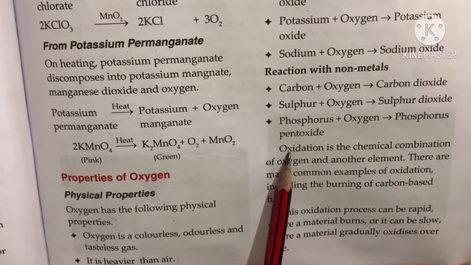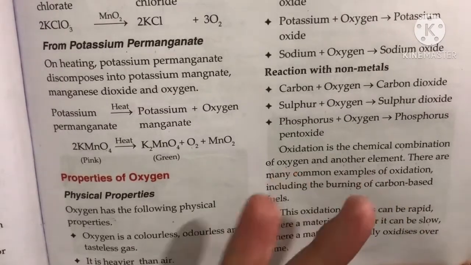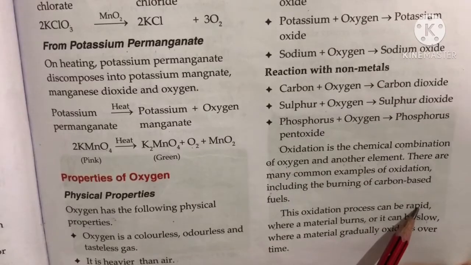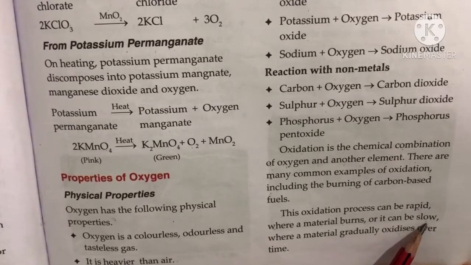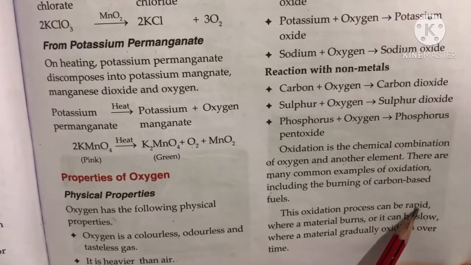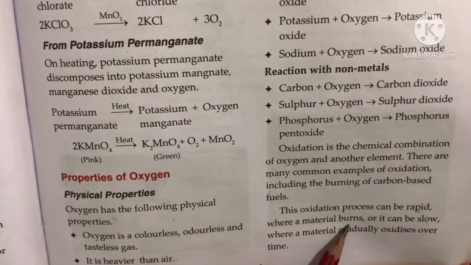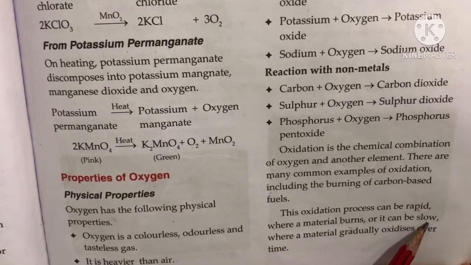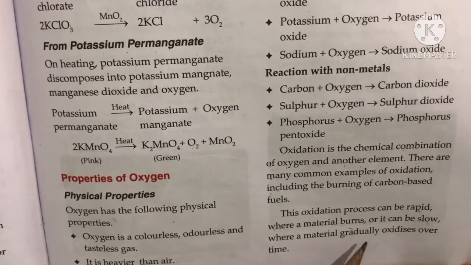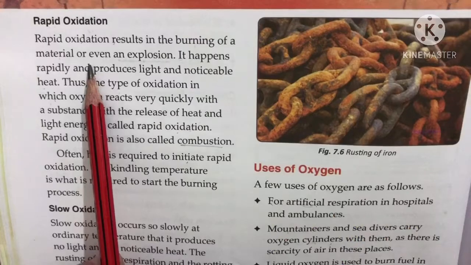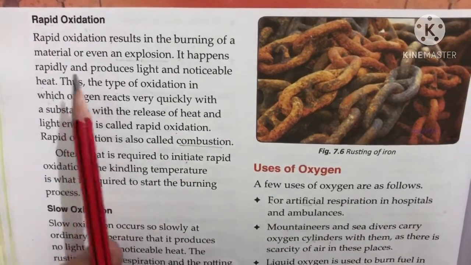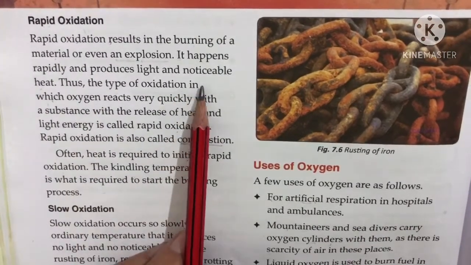Oxidation is of two types. The first one is rapid oxidation and the second one is slow oxidation. In rapid oxidation, material burns quickly, but in slow oxidation, material burns very slowly. In rapid oxidation, oxygen reacts with another substance very quickly.